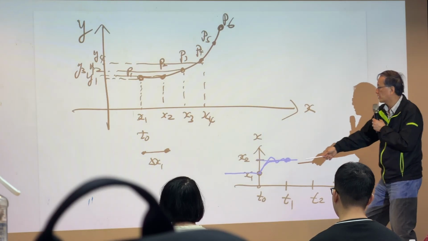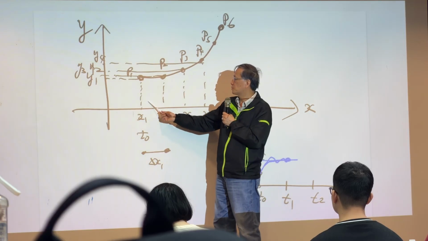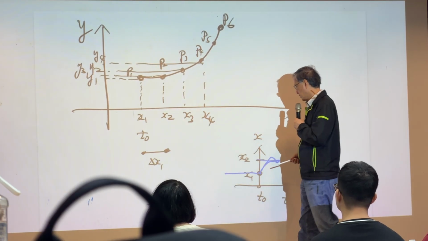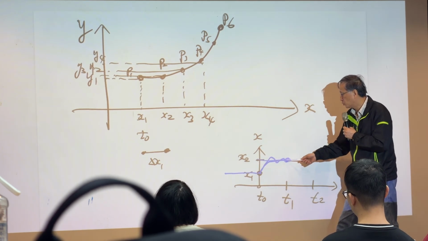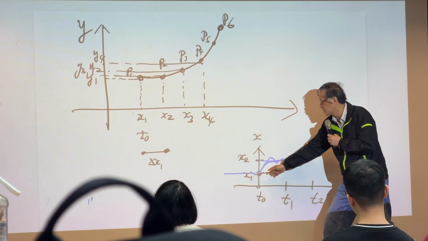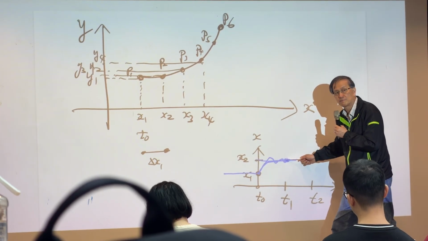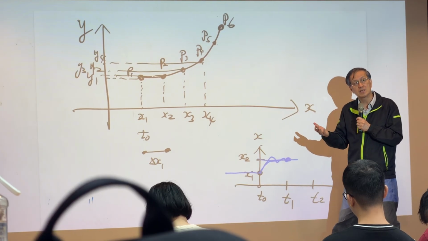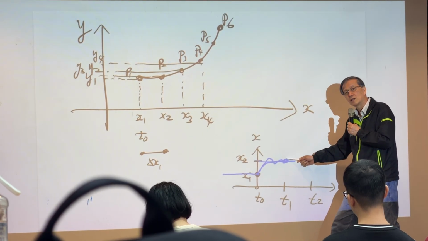At T0, you are in X1 position. Now at T2 you want to move to X2 position. You expect it to go like a step function, but it will not, because it's a dynamic system. So you actually move like this until it saturates here.